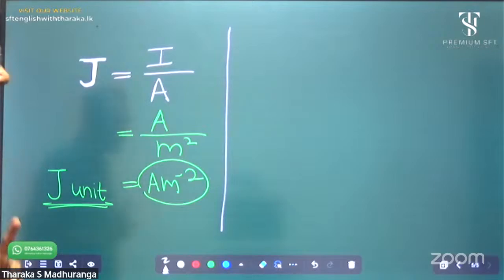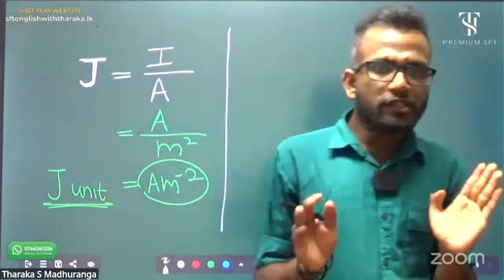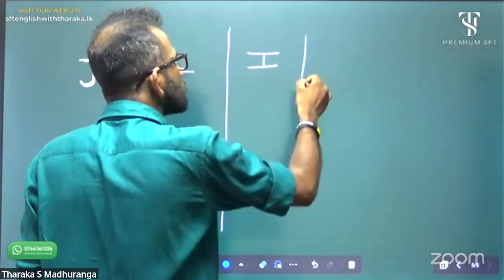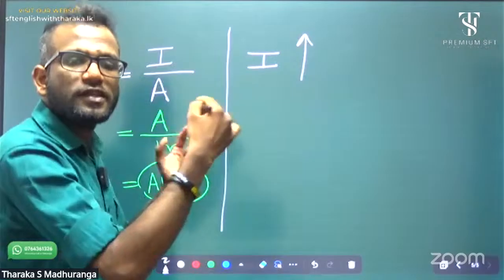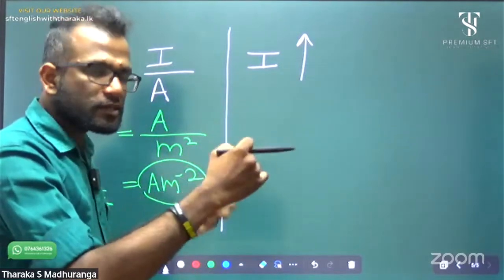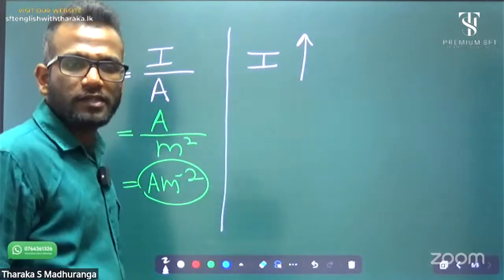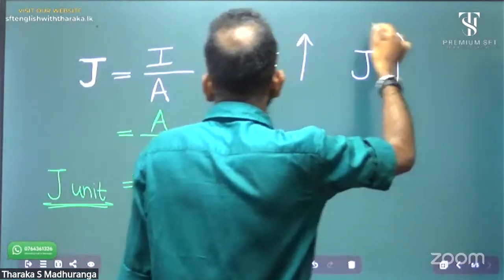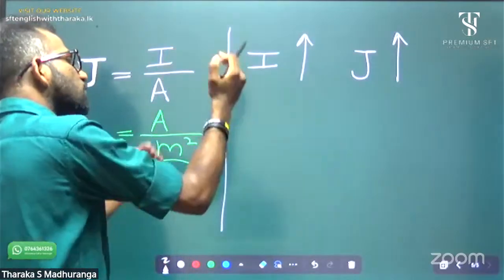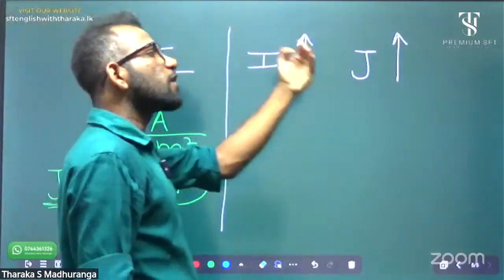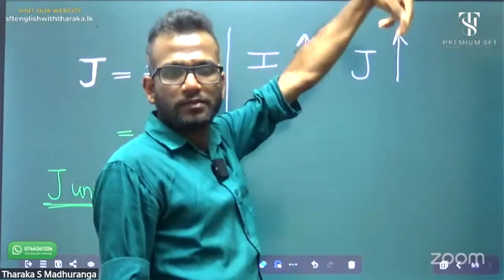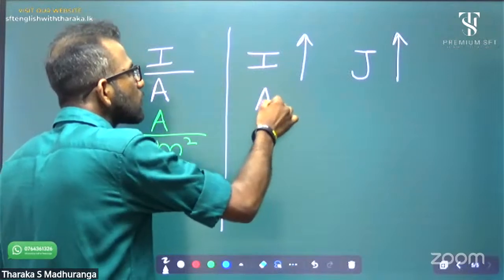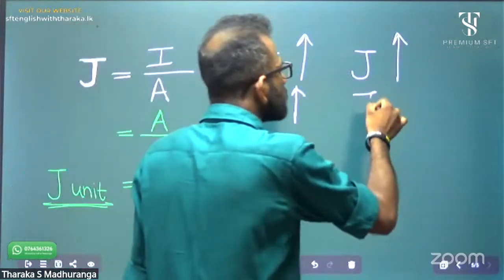According to this relationship, when we increase the electric current flowing through the conductor, what happens to the current density? It is directly proportional, remember. When the current increases, the current density increases. But when we increase the cross section area, the current density decreases.